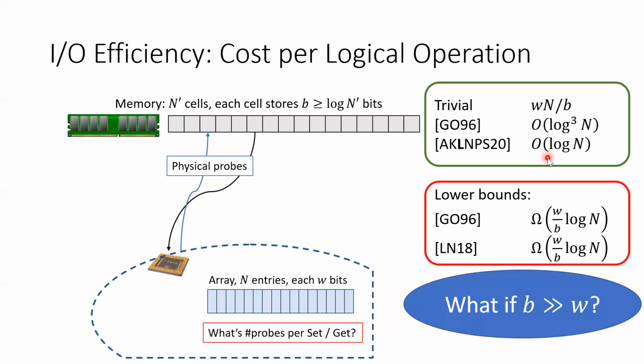So in this work and this talk, we ask the question, what if the memory cell size B is much greater than W? Can we improve the upper bound, or it's not possible and we have some way to prove a better lower bound? Of course, because I have already given you our title saying we improve the lower bound, we know it's not possible.